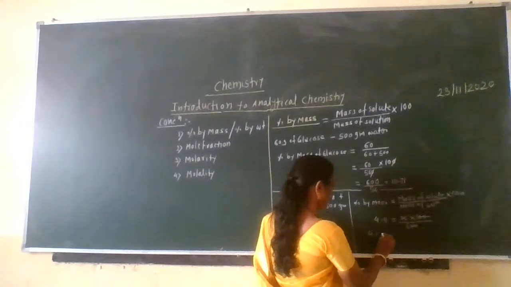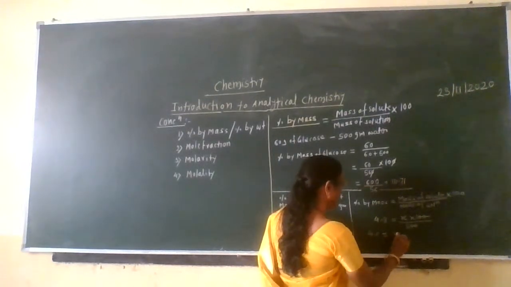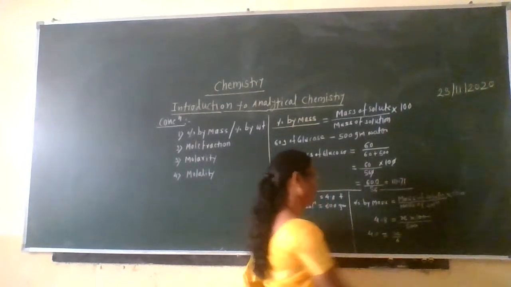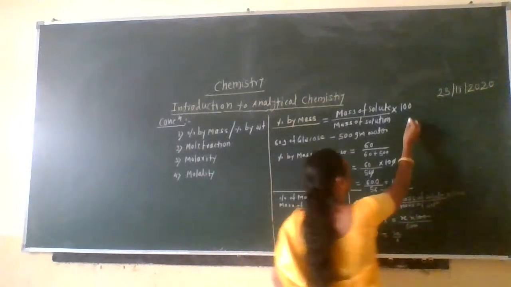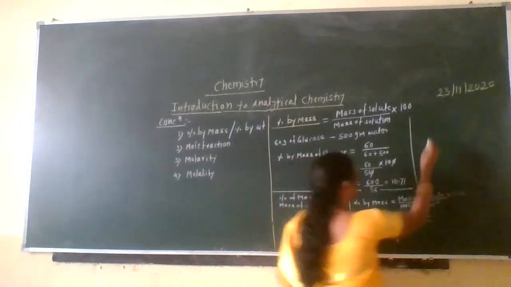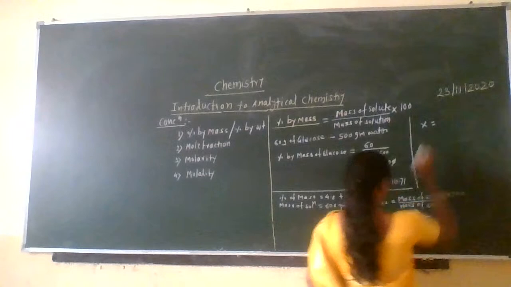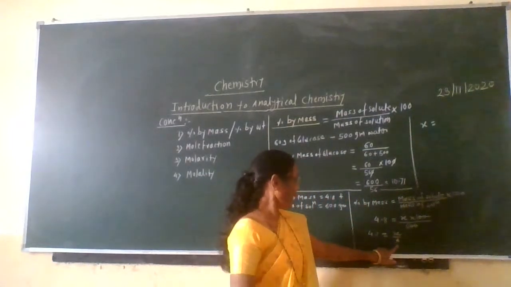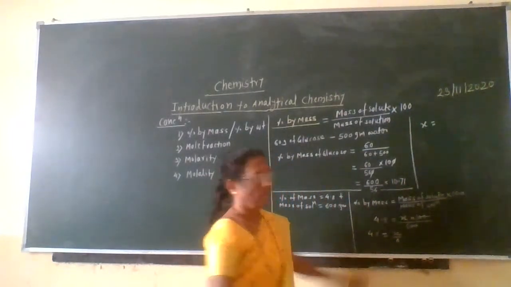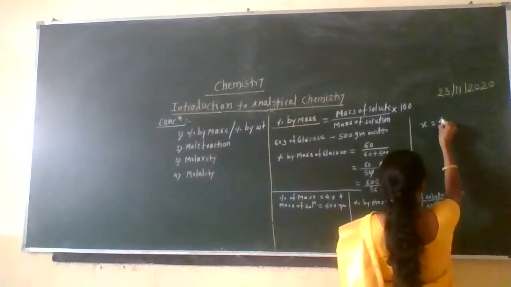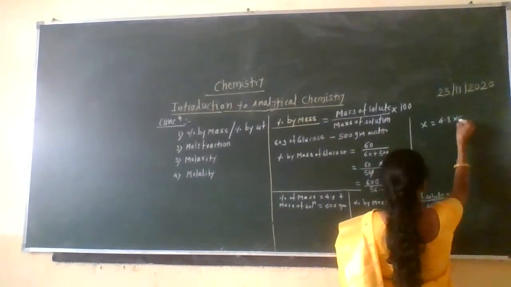4.8 is equal to x upon 6, or we can write x is equal to, take this 6 to the left hand side, therefore 4.8 multiplied by 6.